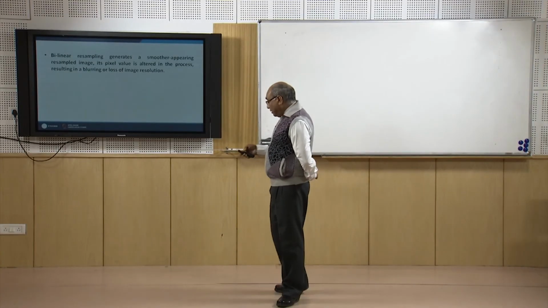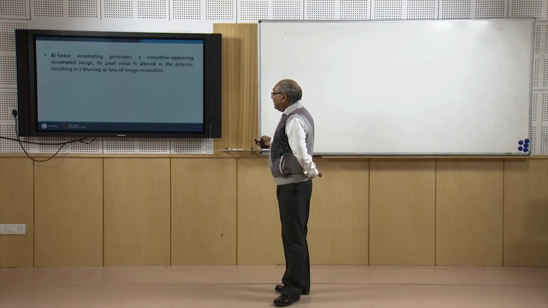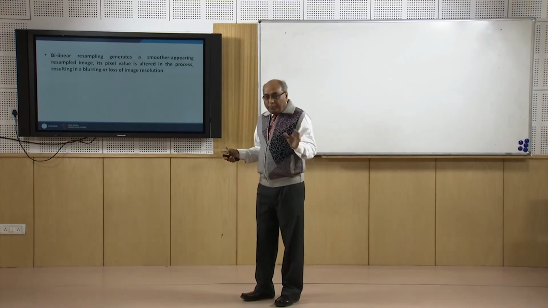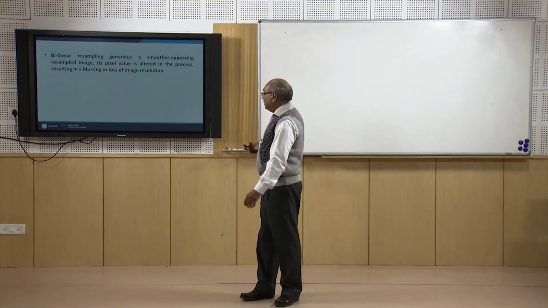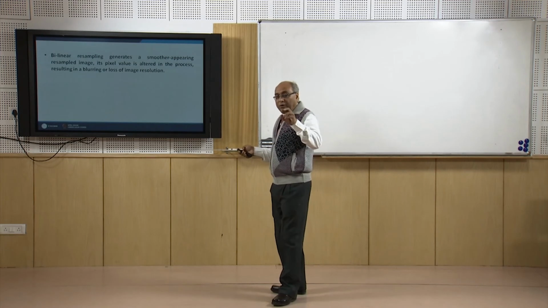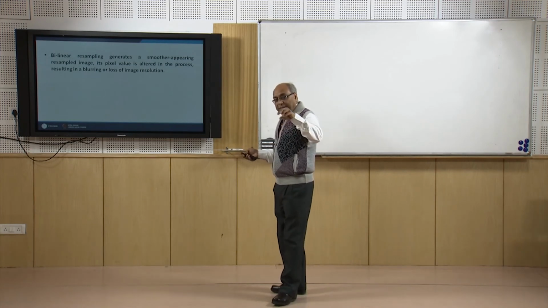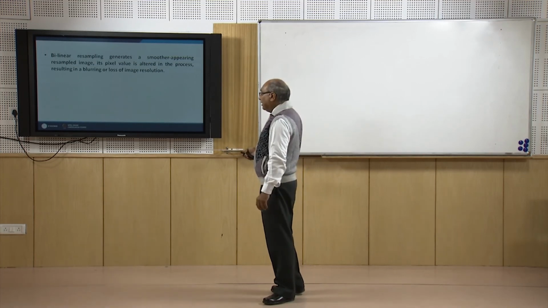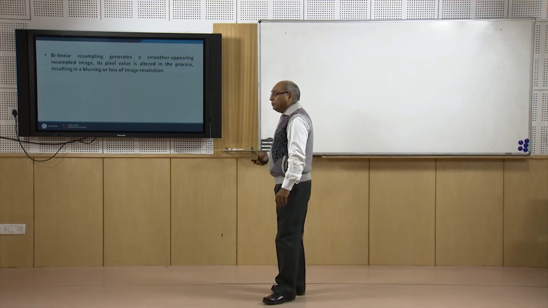This way bilinear resampling generates a smoother appearance of the resampled image compared to nearest neighbor. The pixel value is altered in the process because now 4 surrounding pixels have put their influence while determining the pixel value for the target pixel, resulting in blurring or loss of image resolution.